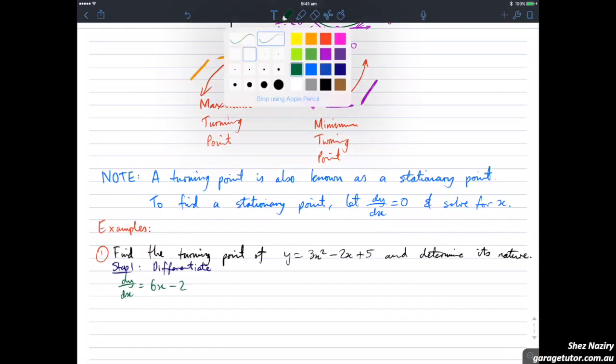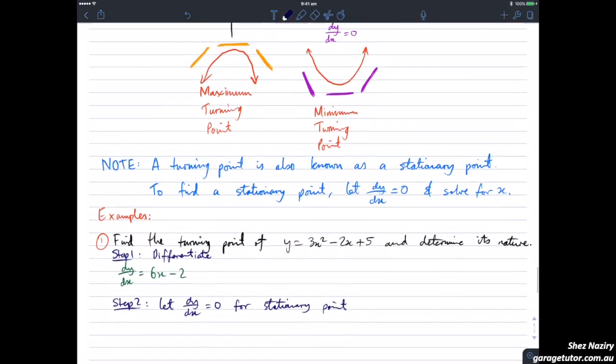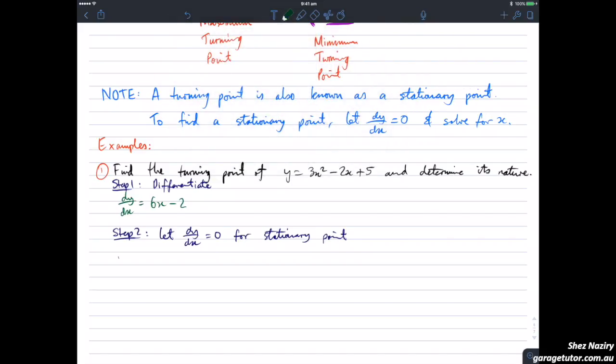Now, step 2, let dy/dx equal 0 for stationary point. Okay, so we let dy/dx equal 0, and we end up with 6x minus 2 is equal to 0. We solve this, and we get x equals 1 over 3.